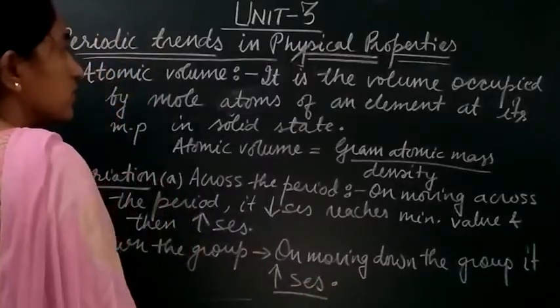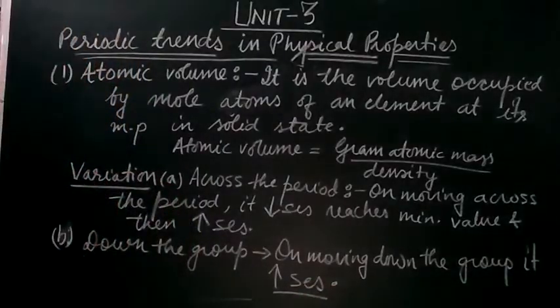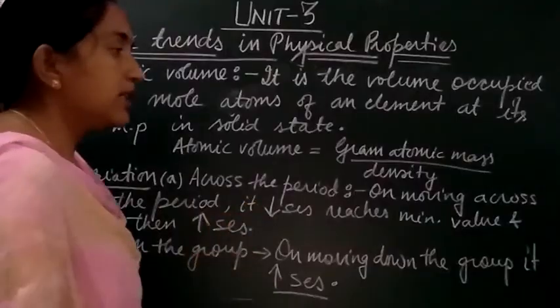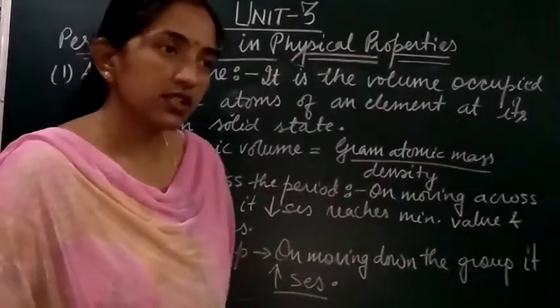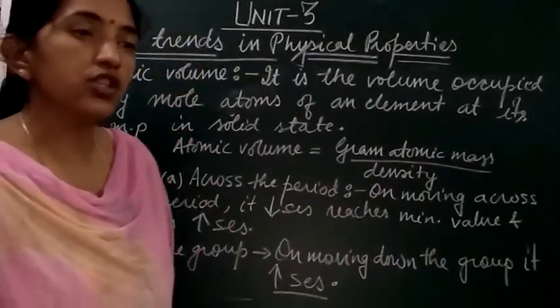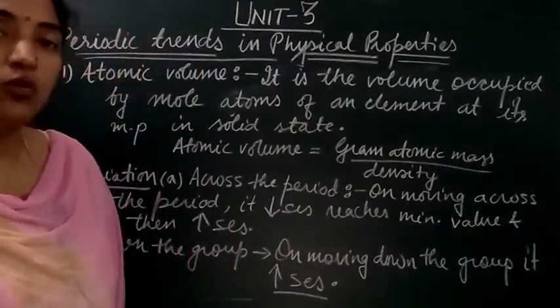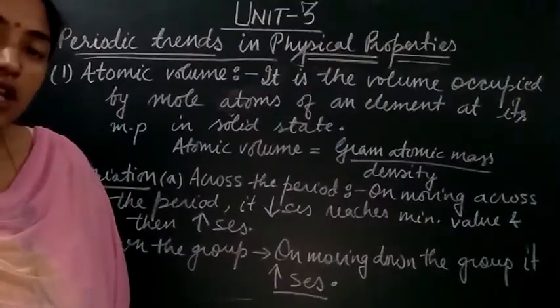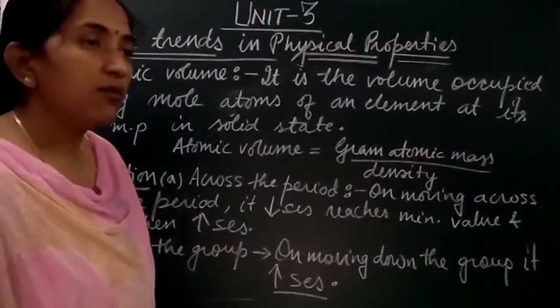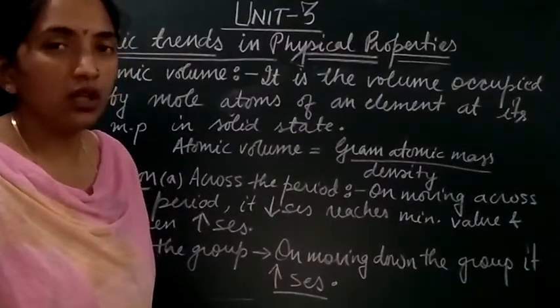Right students? So this is about the atomic volume. Across the period, it first decreases, reaches a minimum value, and then starts increasing. Down the group, there is an increase in the atomic volume.